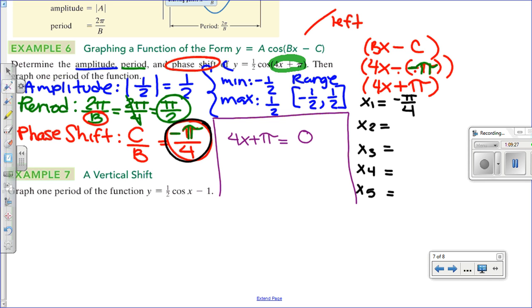And I'm going to create another equation that equals 2 pi. Why? Because that's where the parent function ends, one complete cycle. This is where it starts, this is where it ends.